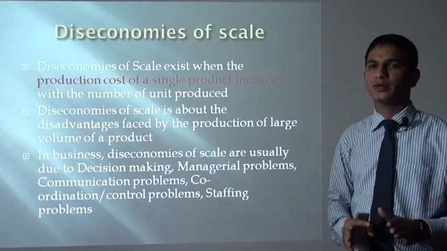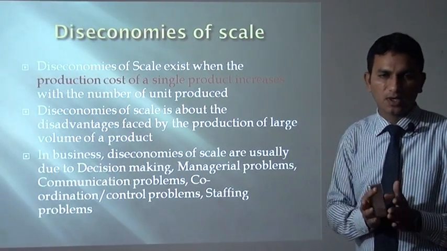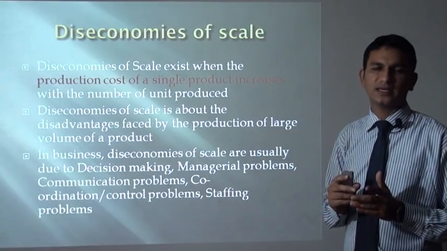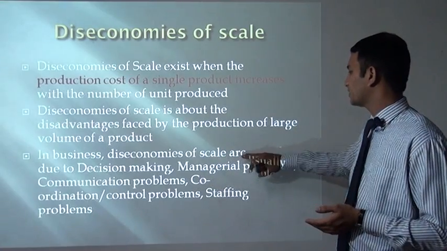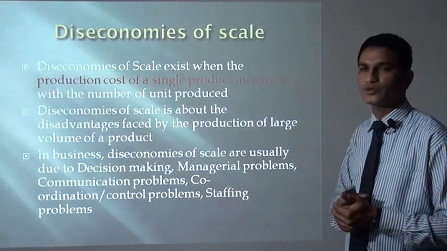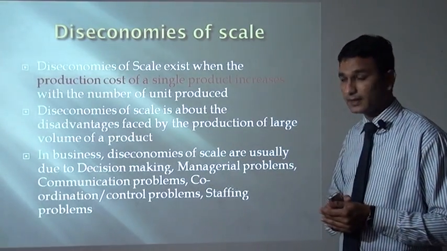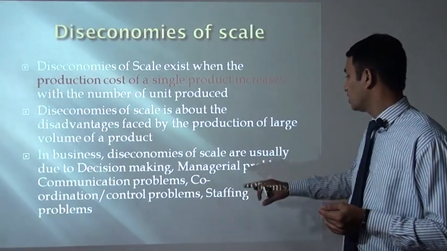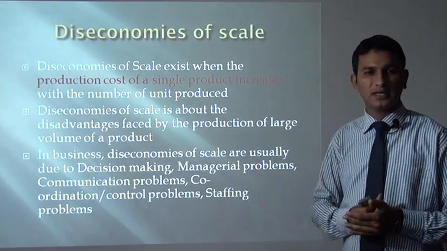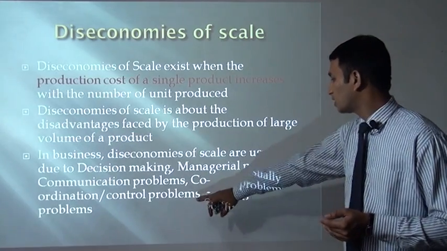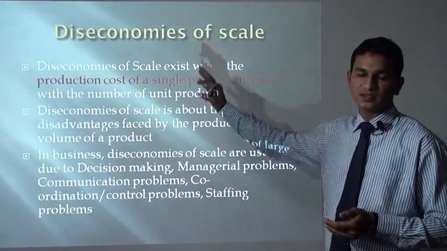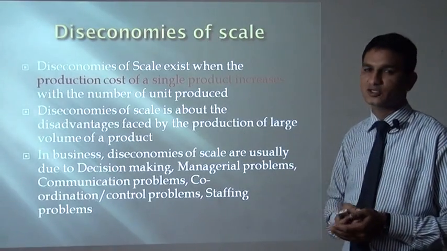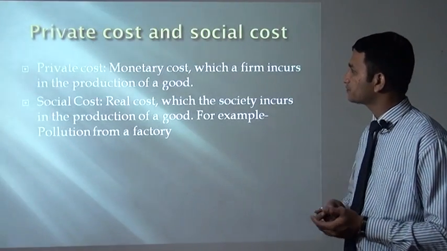In business, diseconomies of scale are usually due to problems in decision making, managerial problems, operational problems, control problems and staffing problems. These are the problems where the firm is going to face diseconomies of scale.